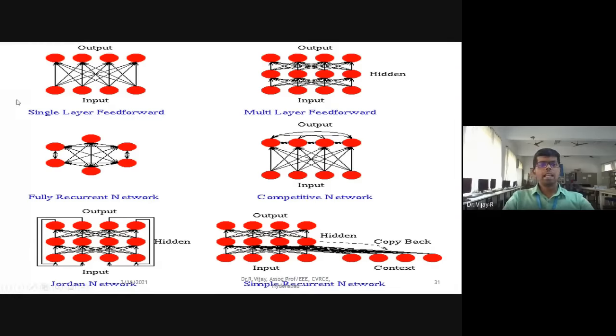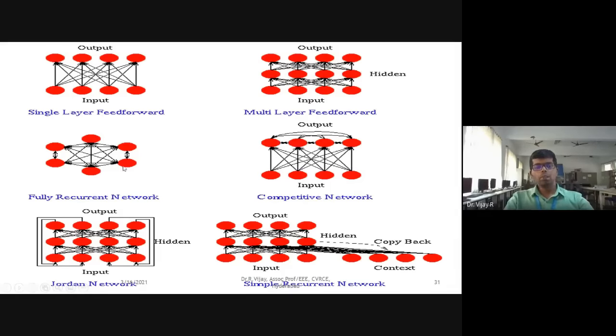If you see a single layer network, information is traveling, passing in only one direction. In a multi-layer network, you see some hidden layer also there. Whatever input you are giving, it travels to the hidden layer. From the hidden layer, it is directly connected with the output layer.